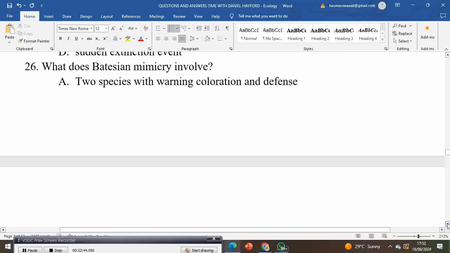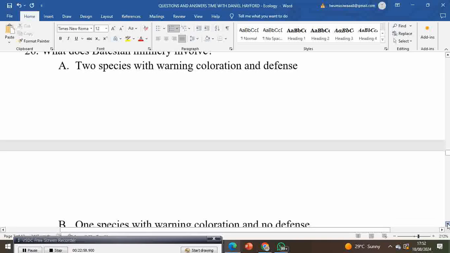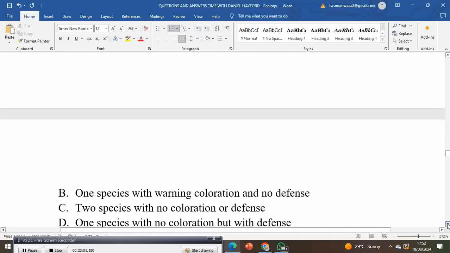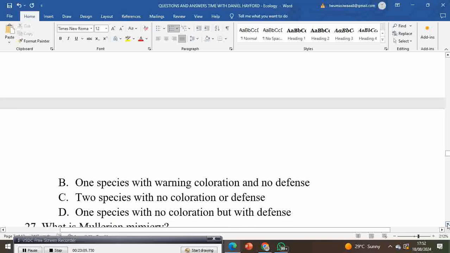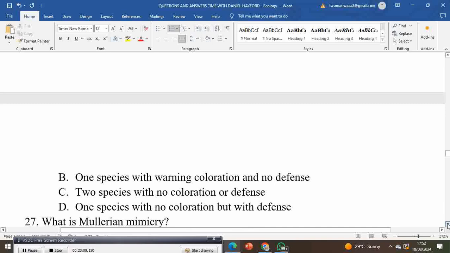Question number 26. What does Batesian mimicry involve? The first option is A, two species with one coloration and defense. B, one species with one coloration and no defense. C, two species with no coloration or defense. And then D, one species with no coloration but with defense. So number 26, what's your best option?